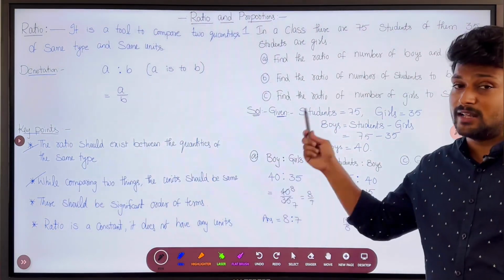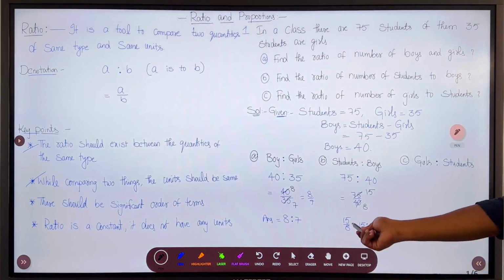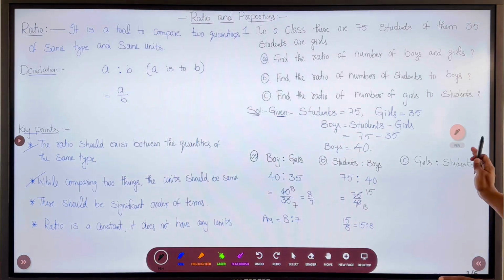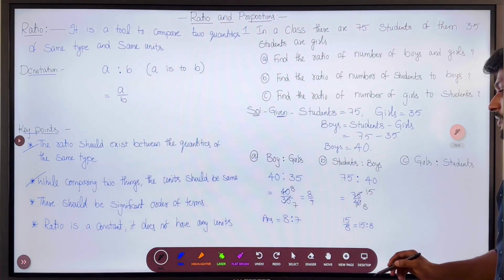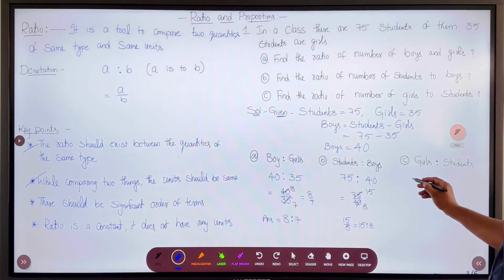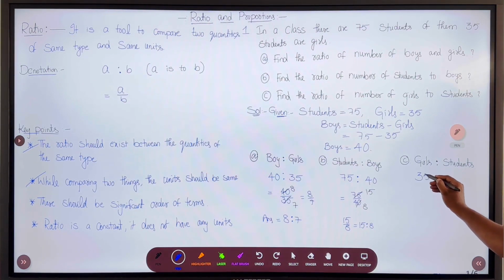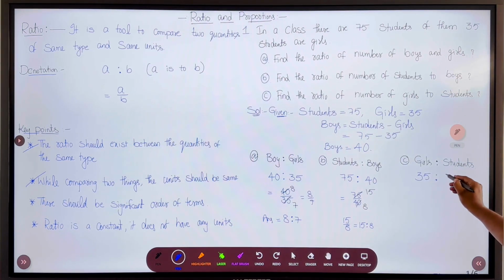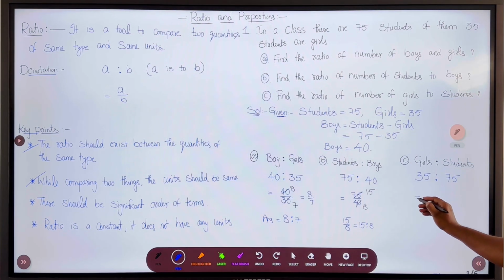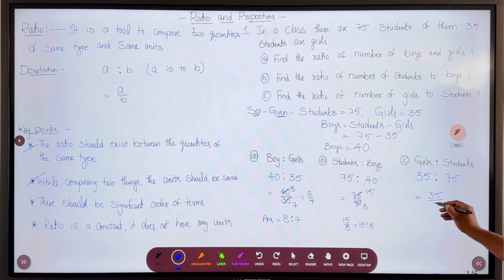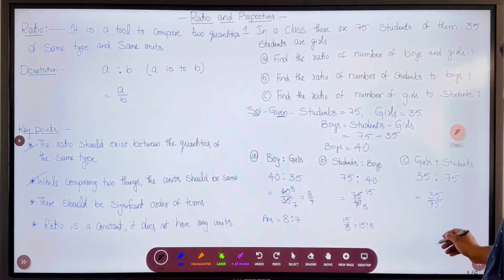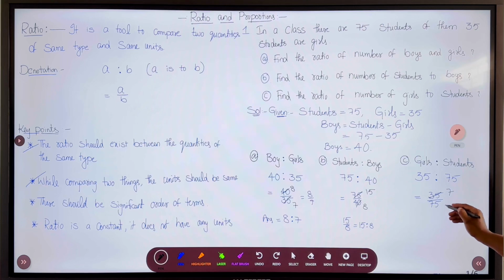Does the significant order change or not? We have to write it exactly as they mention. They asked girls to students, so girls is to students. How many girls are here? 35 is to how many students, total number of students? 75. We express this in fractional form because we need to write simplest form. 35 by 75 cancels with 5: 5 7s are 35, 5 15s are 75.